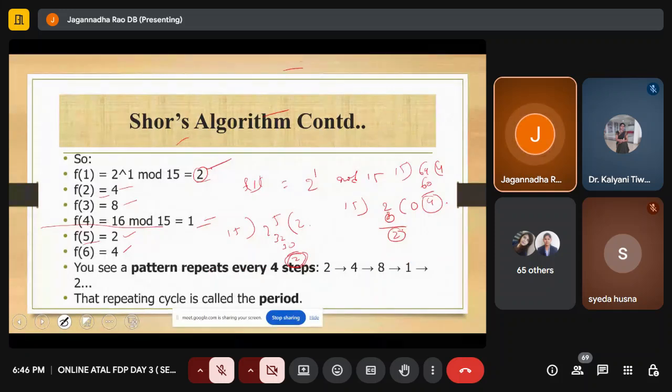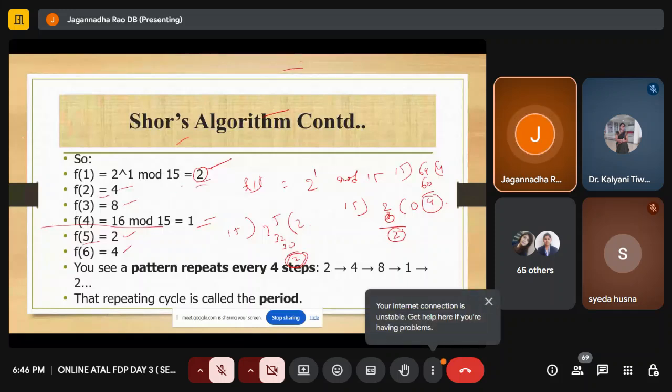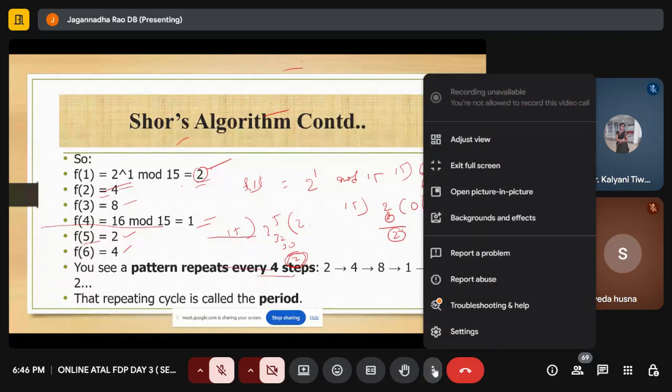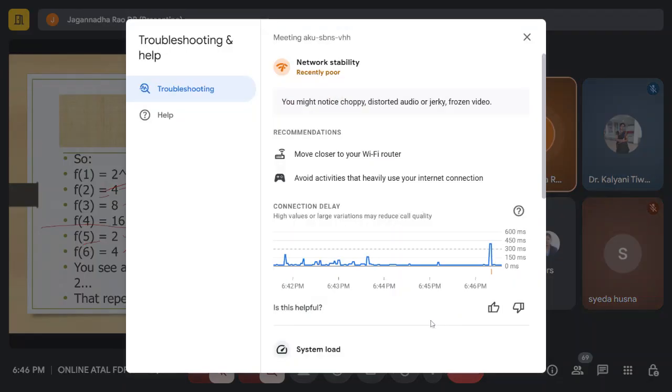If you go to f of 5, no use: again the same remainders come, 2, 4, 8, 1. Every four steps you get the same values. This is called a cycle. The repeating cycle is called the period.